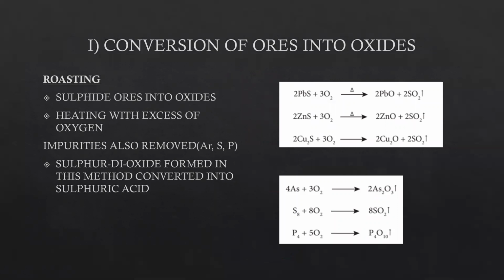See the first step now, the conversion of the ores into oxides. Two methods are there. The first one is roasting and the second one is calcination. In roasting, we heat the ore in the presence of excess oxygen, but in calcination, we do not use oxygen.